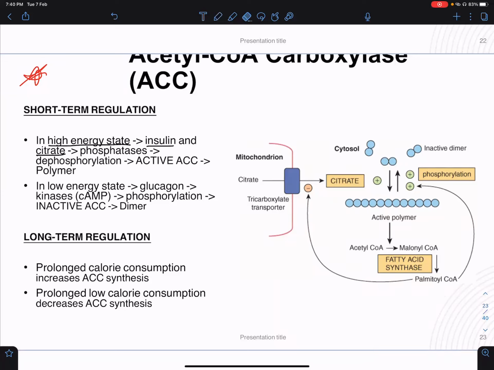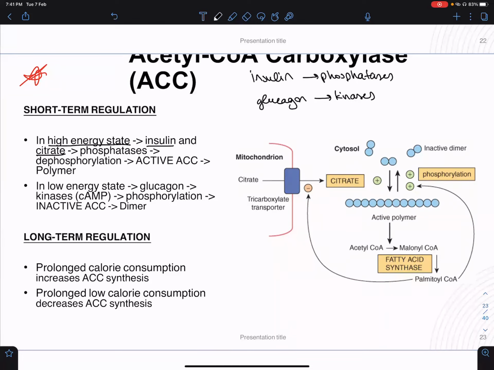Insulin, always take it as a rule, no matter what pathway you're talking about, what lecture you're in, what course you're taking: insulin always corresponds to phosphatases. And glucagon is always responsible for phosphorylation, which means kinases.